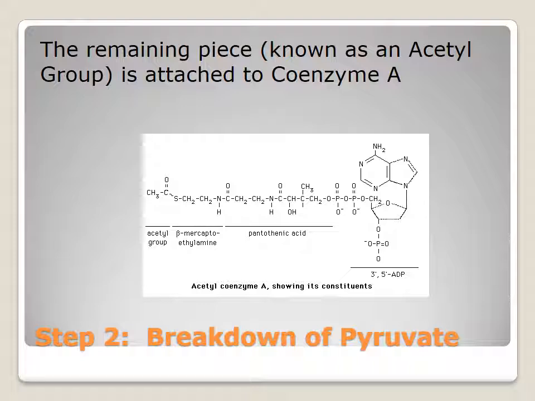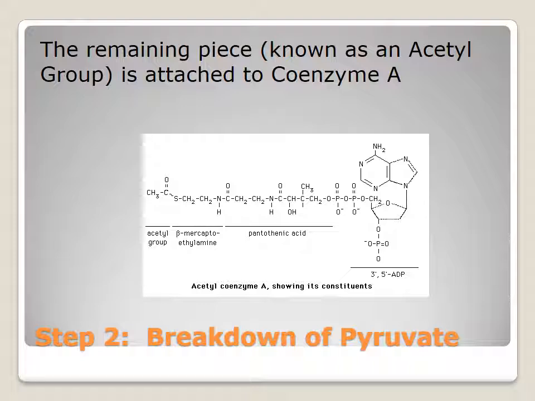So we got 2 molecules of pyruvate. We're going to cut off, there are 2 pyruvates, right? So we cut off a carbon dioxide off of each one, giving us how many carbon dioxide released? Not trying to trick you. 2, right? 2 molecules of pyruvate, we cut 1 carbon dioxide off of each, so we release 2 CO2. And we also release NADH.